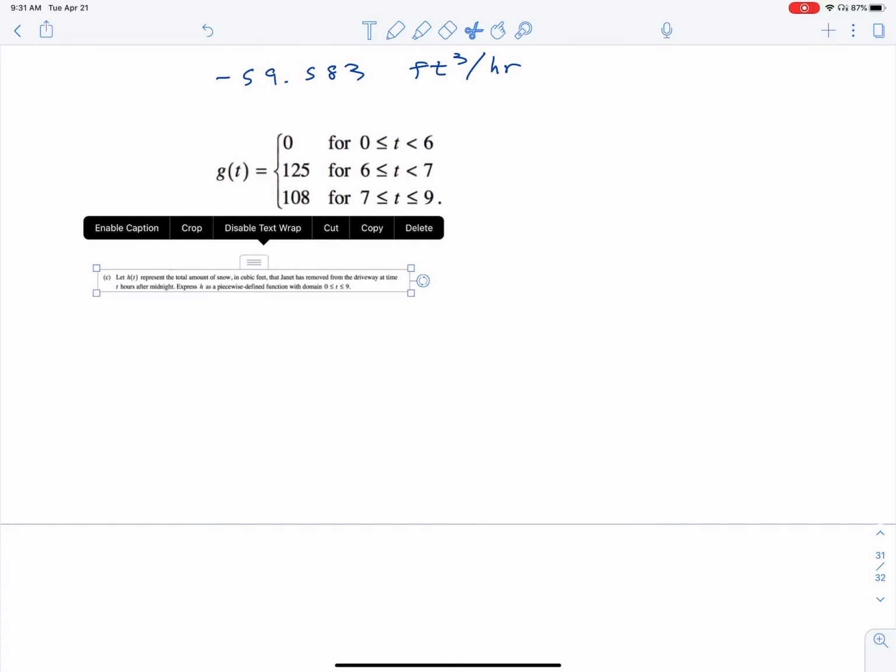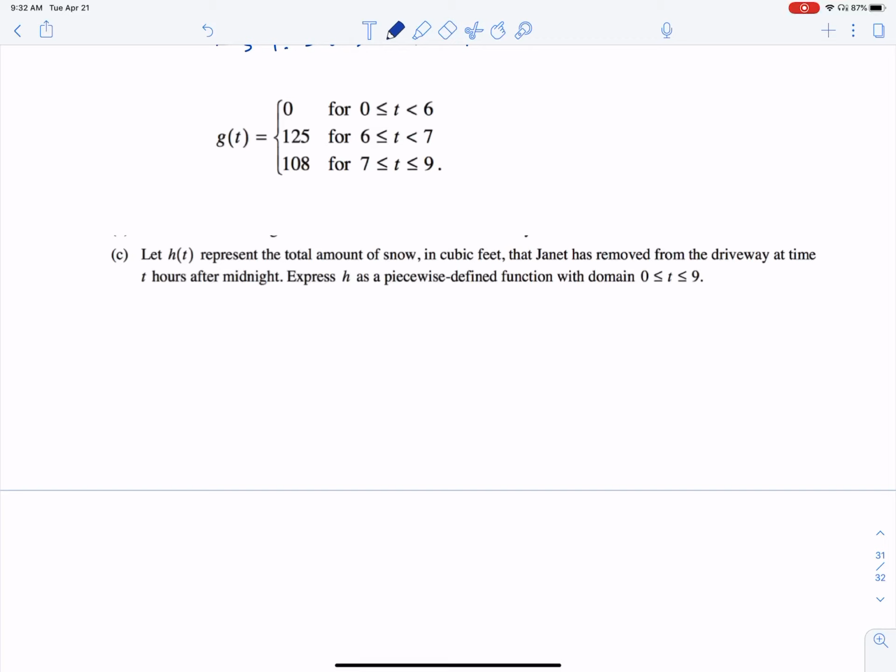So I think you would agree, let's just go through the given times here. So first off, since we always want to start these functions from where we begin, we know that at time 0, there's 0 amount of snow being removed, right?